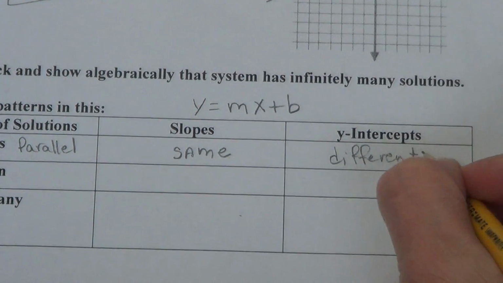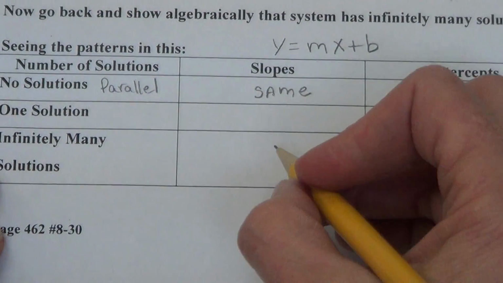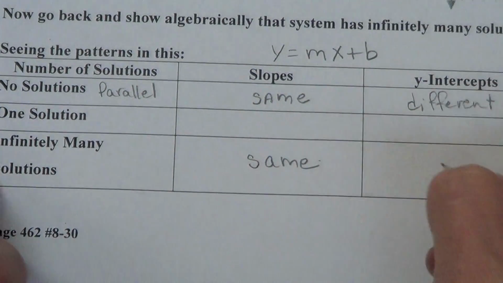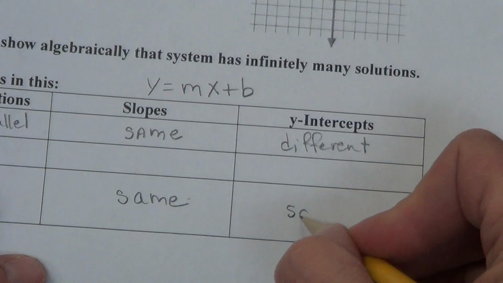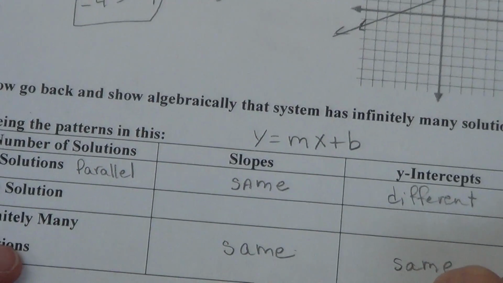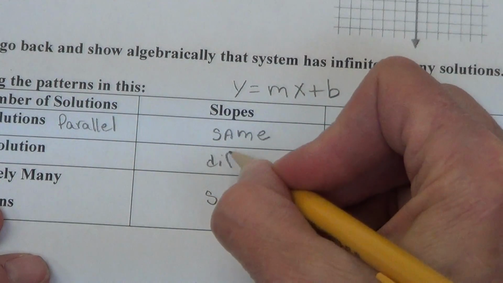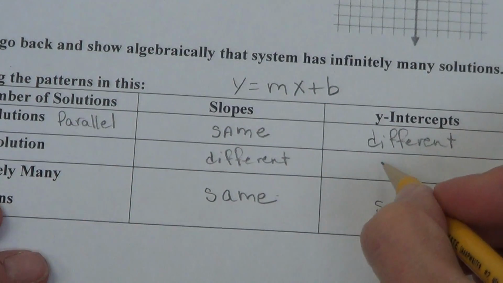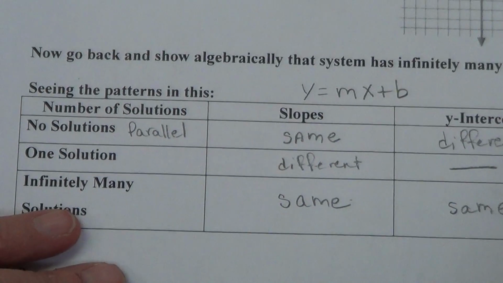If they weren't different, they'd be the exact same line. So down here on infinitely many solutions, we know the slope is the same and the y-intercept is the same. For one solution, the slopes will be different. And it doesn't matter what the y-intercepts are. They can be the same or they can be different.